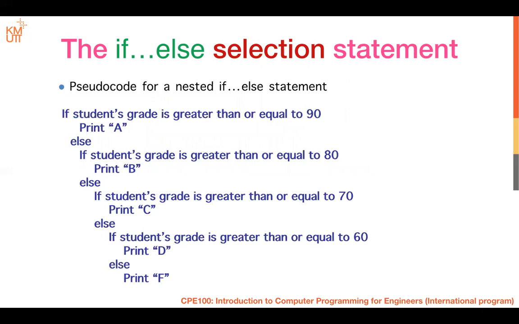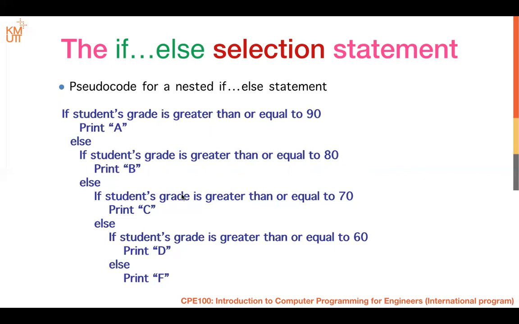You can use this in the case that you want to find the grade for a student. For example, if the student score is greater than or equal to 90, right, you print A. Else, if the student grade is greater than or equal to 80, then we print B. And else, if the student grade is greater than or equal to 70, you can print C, right? So this we will call nested if selection statement.